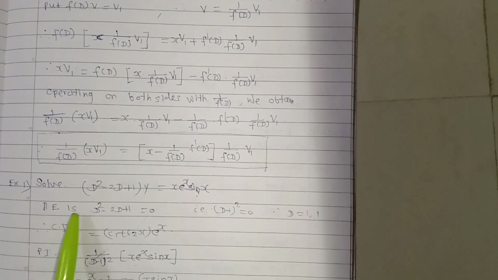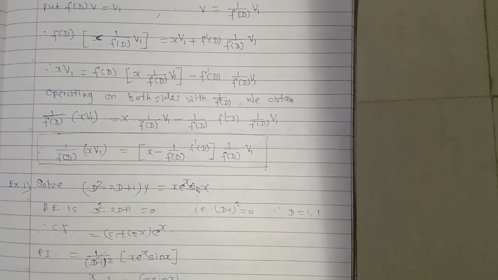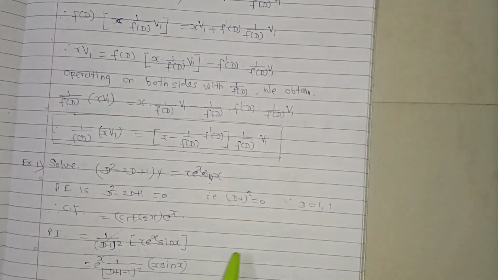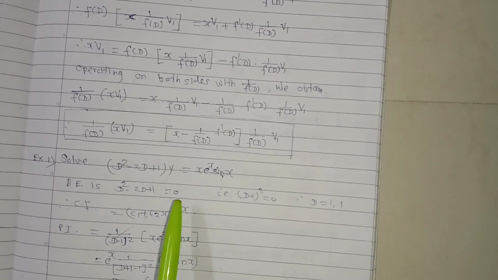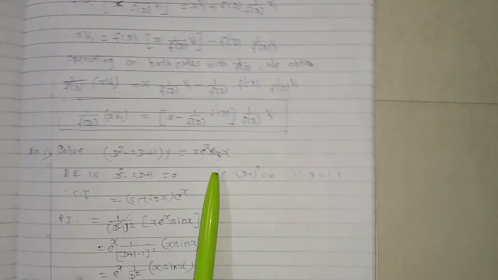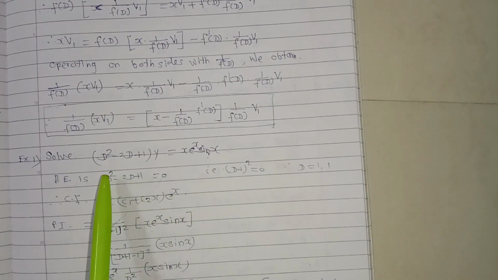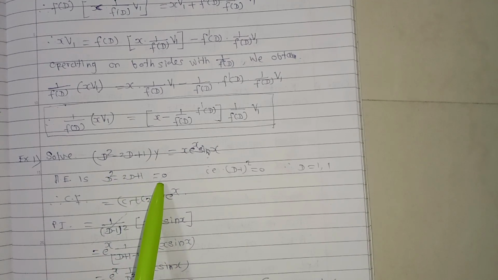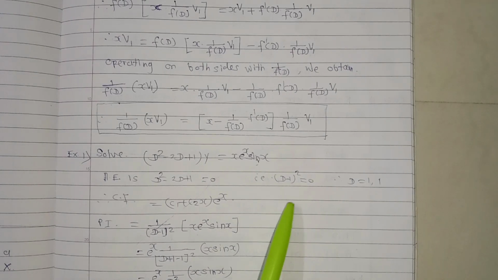Consider the first example. Solve (D squared minus 2D plus 1) operated on y equal to x e raised to x sin x. First we write the given equation and its solution. Here the auxiliary equation is D squared minus 2D plus 1 equal to 0, that is (D minus 1) squared equal to 0.